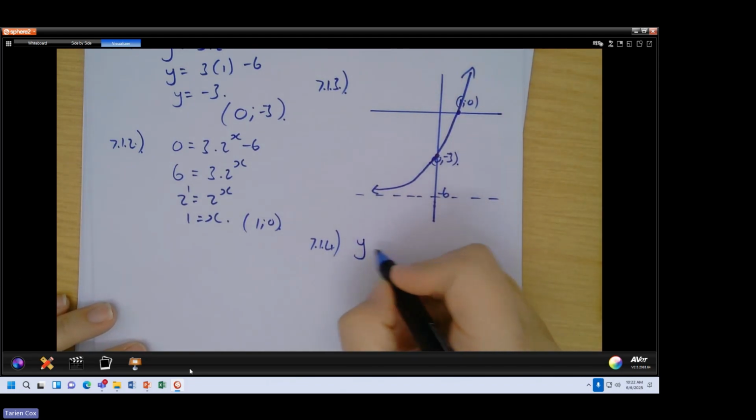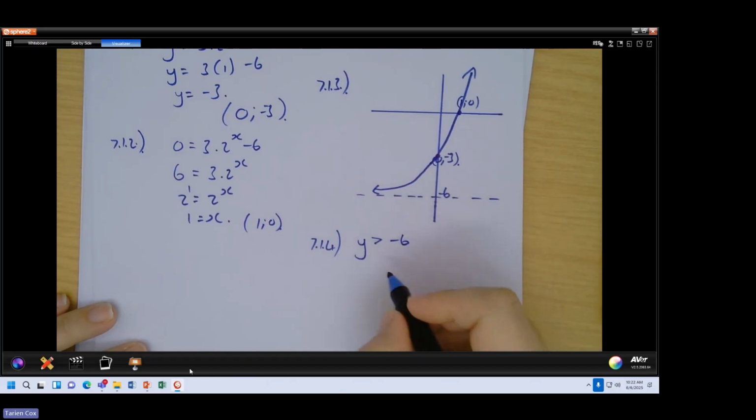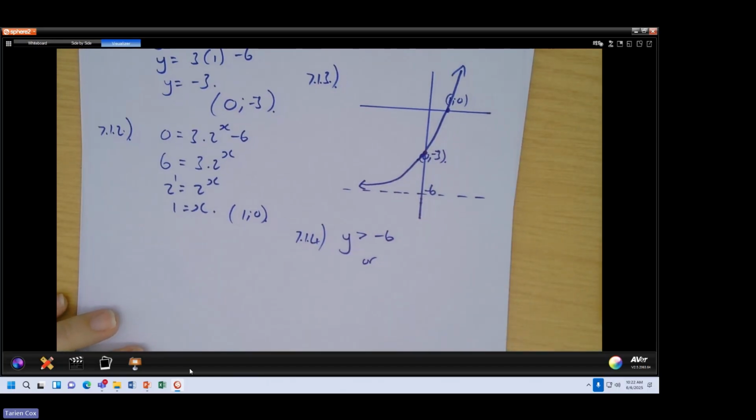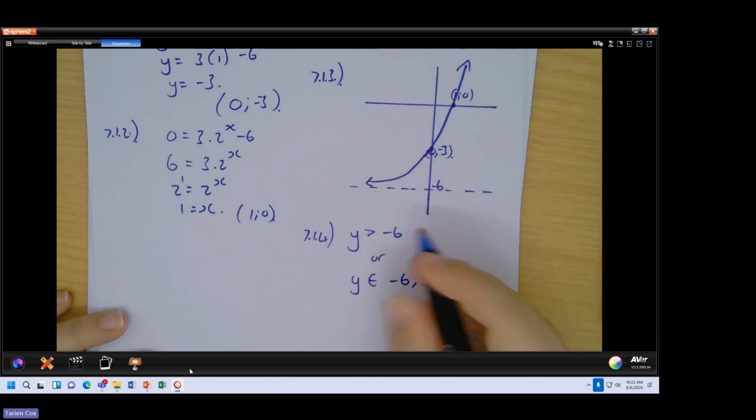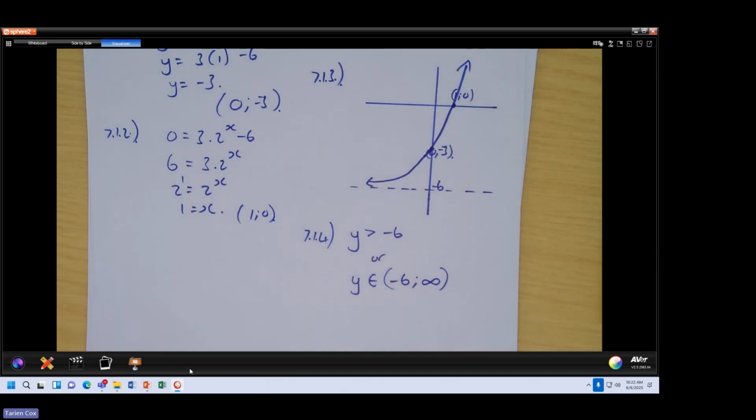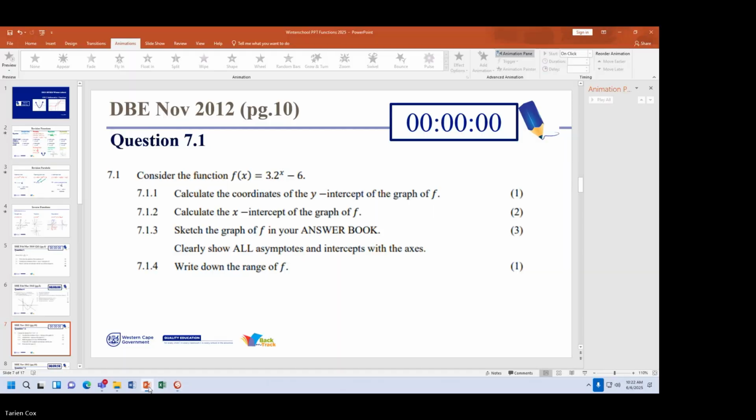So the easiest way to write it will be y greater than -6. Or alternatively, if you want to use interval notation, y is an element from -6 to positive infinity. You can't include -6, but you also can't include infinity. All right. That was 7.1.